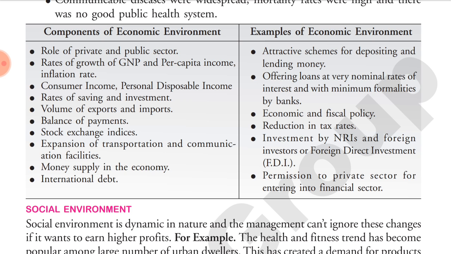Then consumer income, personal disposable income, rates of savings and investments, volume of exports and imports, balance of payments, stock exchange indices, expansion of transportation and communication facilities, money supply in the economy, and international debt. All these are the components, all these are the determinants of economic environment and will make a drastic effect over the business decisions, business policies.